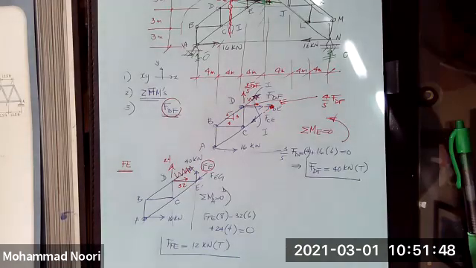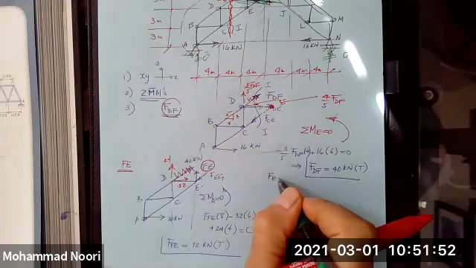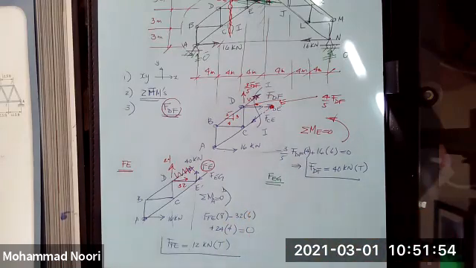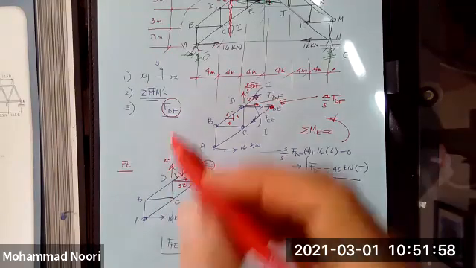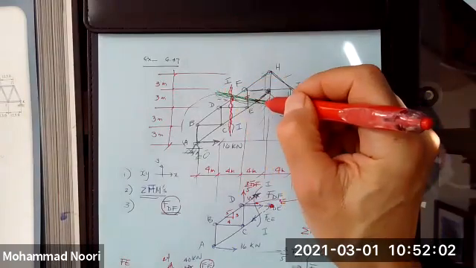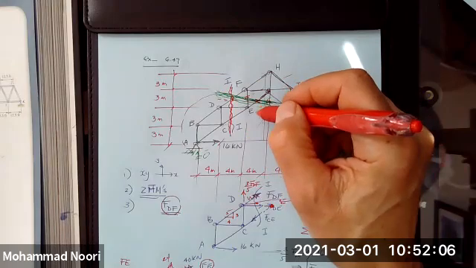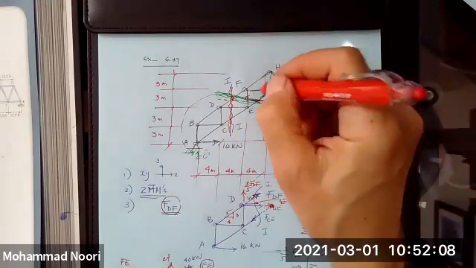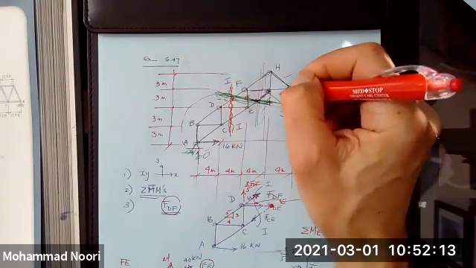Okay. The last one, you want to find the force of EG. So again, this is EG. You cut this and as few as possible other members. You can consider this cut, or you can consider this cut.